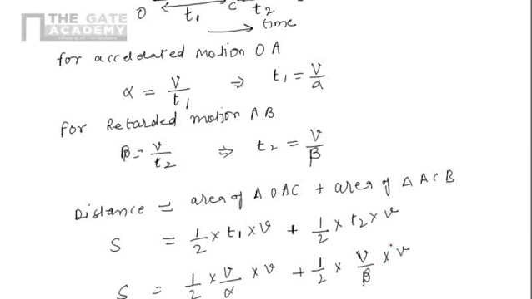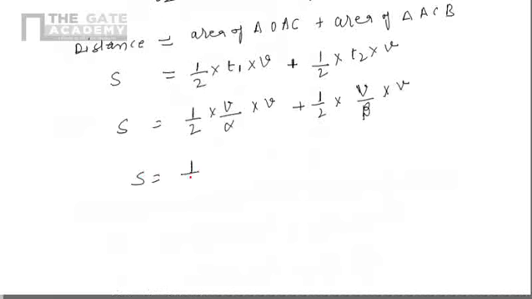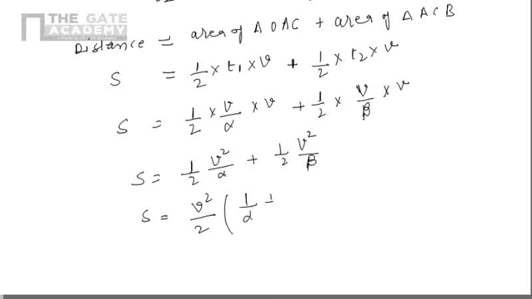So S will be 1 by 2 V square by alpha plus 1 by 2 V square by beta. If we take V square by 2 common, then we get 1 by alpha plus 1 by beta. Simplifying again, I will get V square by 2 times (alpha plus beta) divided by alpha beta. So this is the desired expression of the distance traveled by the train during this course.